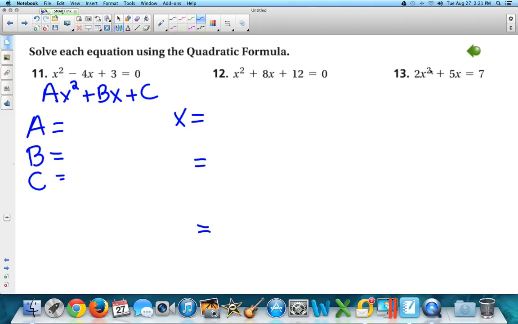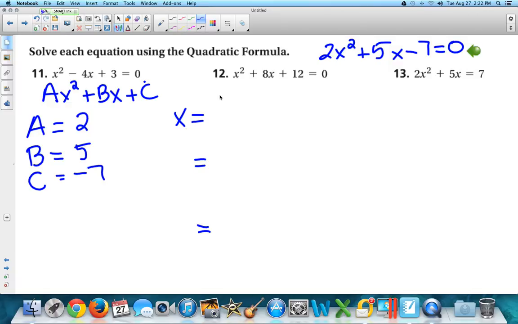So I need to move this 7 over and start with 2x squared plus 5x minus 7 equals 0. If you don't consider this, you're not going to make c negative, and it could mess up a sign later and change your answer. So a is 2, b is 5, c is negative 7.